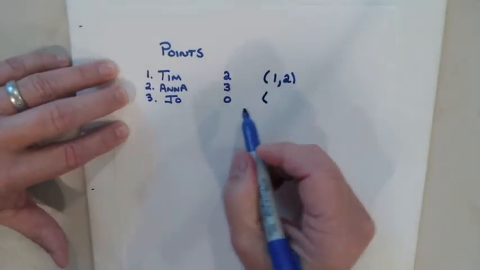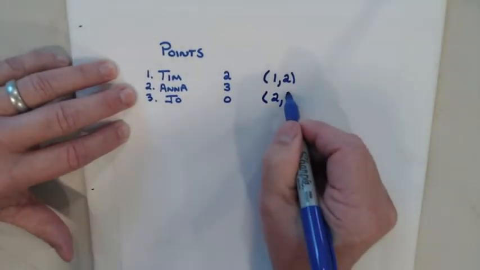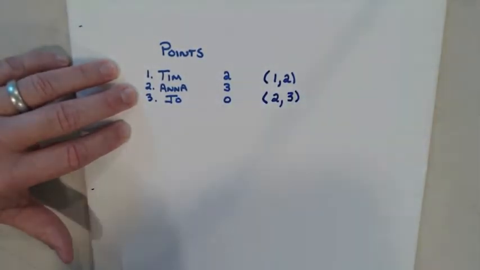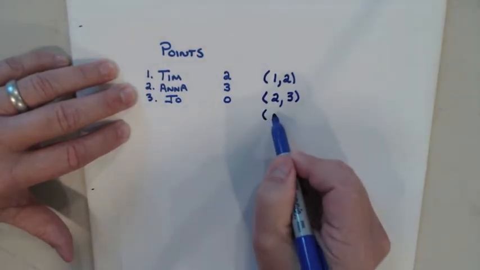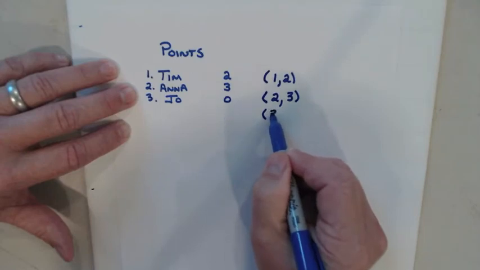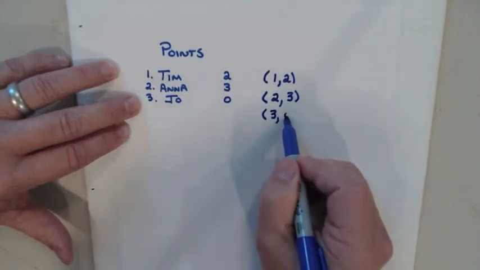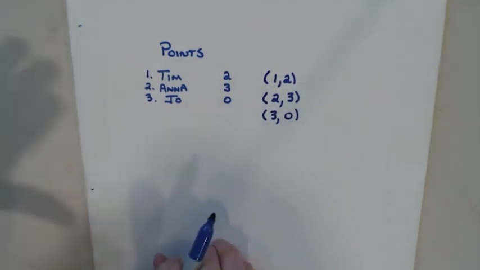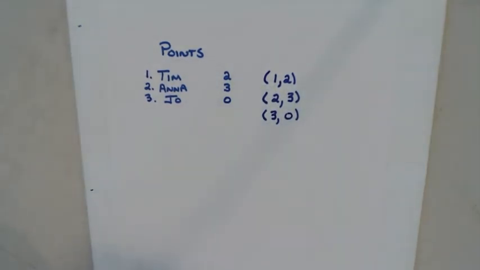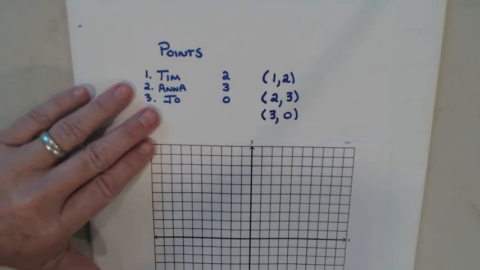Anna, which is person number 2, has 3 dogs. I'm taking this information over here and creating points. I have to have parentheses, the person, which is person number 3, a comma, and then how many dogs they have. Once it's written as a point, then it's really easy to graph this information.